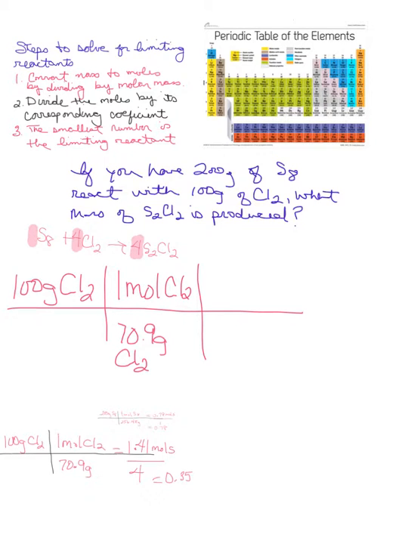What is my mole ratio of chlorine to disulfur dichloride? It's 4 to 4. So 4 will go down here, 4 moles of Cl2 for every 4 moles of disulfur dichloride.